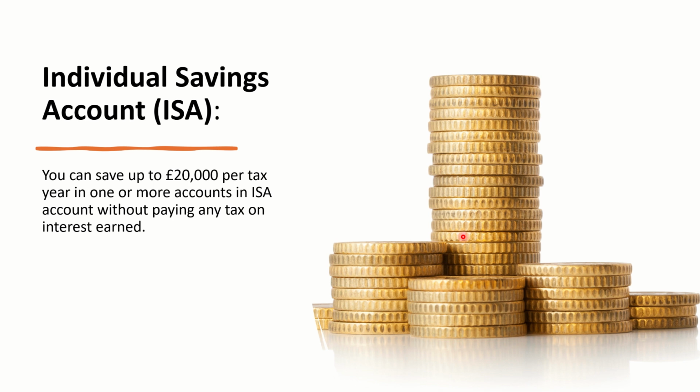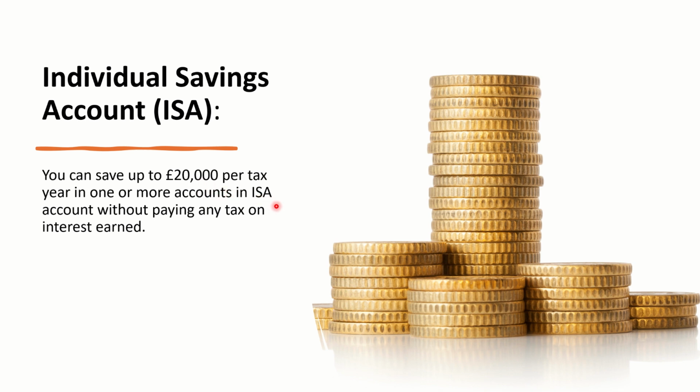The only limitation for this year, or it can vary as well, but for 2024, is that a single person can only save 20,000 in an ISA account, which is quite a lot, to be honest. There would be people who can save more than 20,000, but this is for each person. If they are husband and wife, each will have their own 20,000 limit to save in an ISA account.